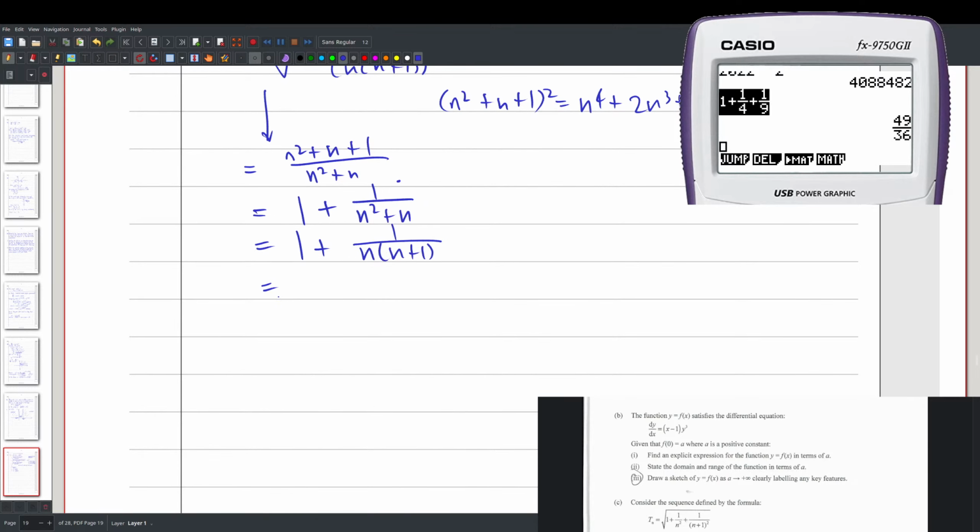Oh yeah, I think the sum actually wasn't correct. Let me check with something smaller, because sometimes it does make mistakes. x from 1 to 100, something like that.